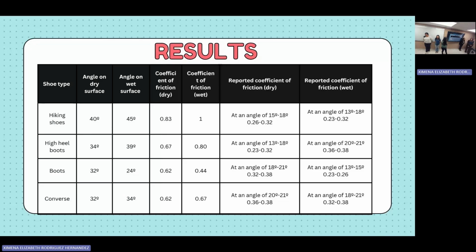And the coefficient of friction dry is 0.62, and the coefficient of friction wet 0.67. The reported coefficient of friction dry at an angle between 20 to 21 degrees is 0.36 to 0.38, and the reported coefficient of friction wet at an angle between 18 degrees to 21 degrees is 0.32 to 0.38.